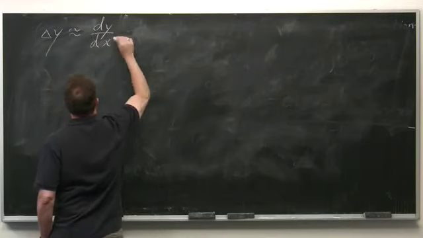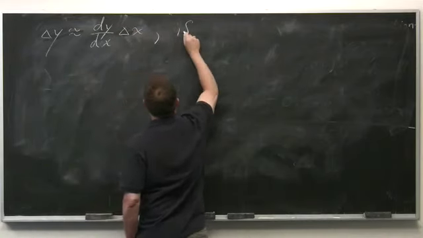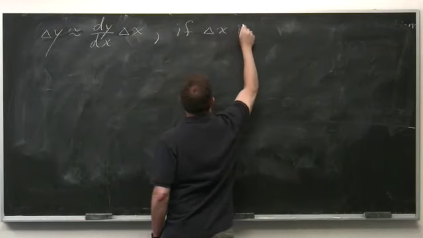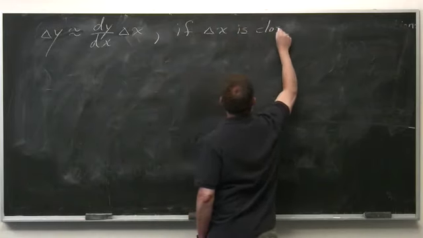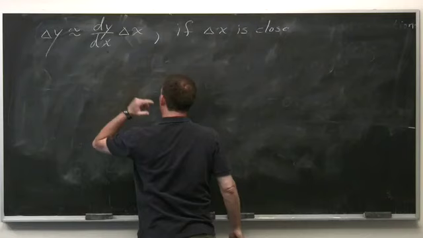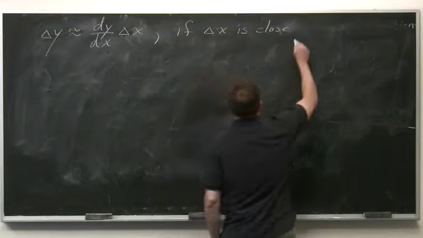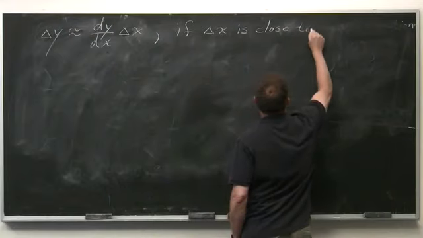This makes sense. Delta x is some number, and dy dx is some number, and you multiply those together and you get the approximate corresponding change in y.